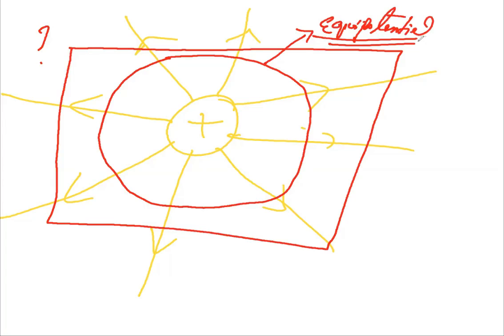Mostly MCQs come like this, that if you have a sphere, and inside the sphere we have 10 Coulomb charge, and on the surface of this sphere, I am putting another layer.